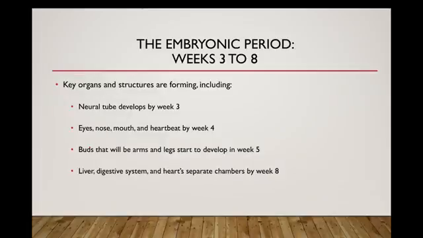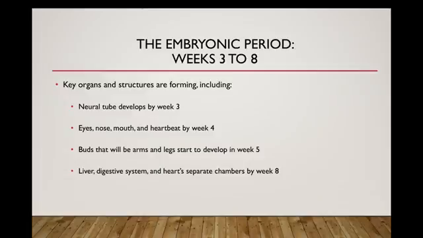After week 3 already, things are starting to happen with the central nervous system, and within 4 weeks, the heart is starting to beat. So some very critical developments very early on. And you see the others that happen up through week 8.